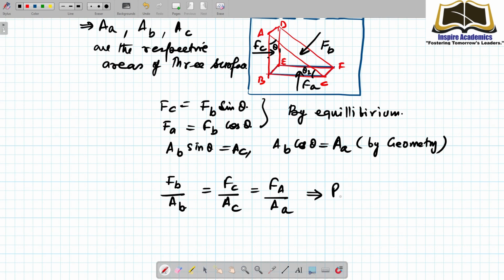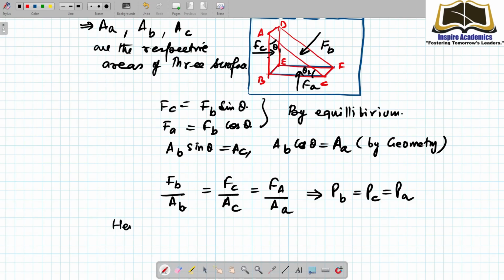Which means P of B is equal to P of C is equal to P of A. That means pressure on all the surfaces is the same, and this is what Pascal's law is all about. Pascal's law says that if there is a body inside the liquid, from all directions it exerts the same pressure. The pressure amount on each surface is going to be same. So net pressure is going to be the same everywhere. So we say that pressure exerted is same in all directions.